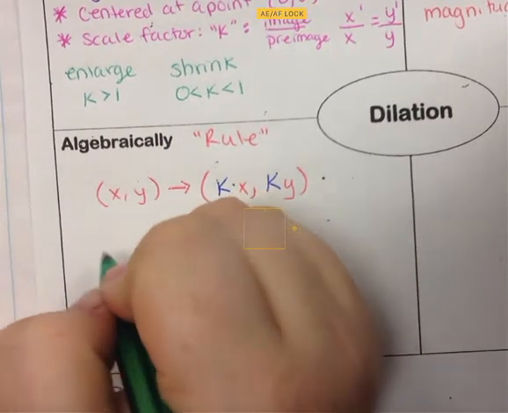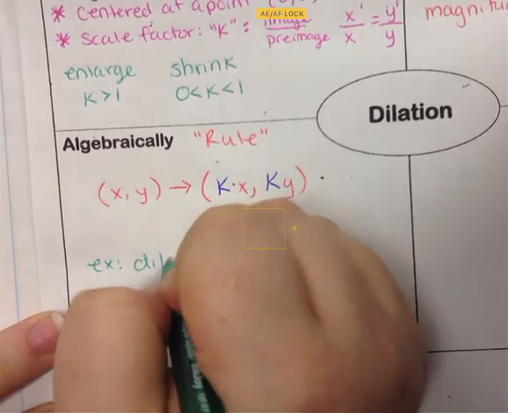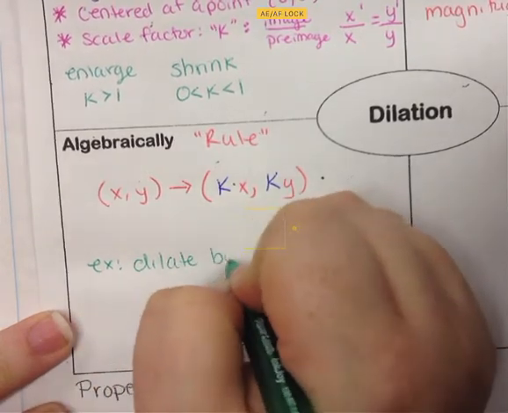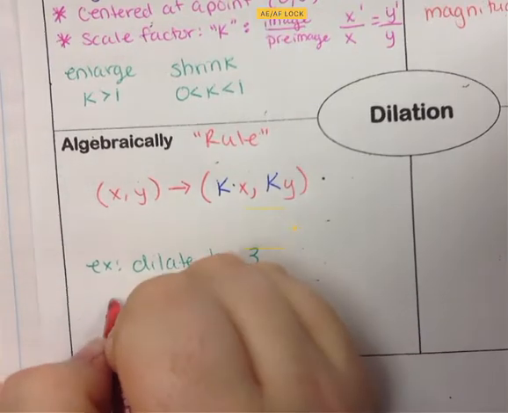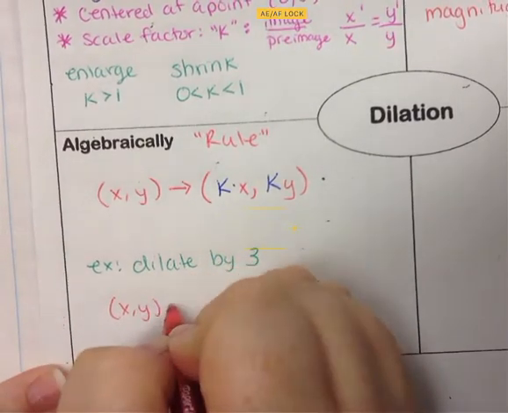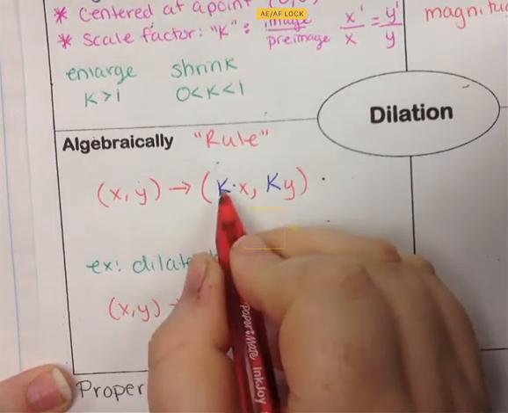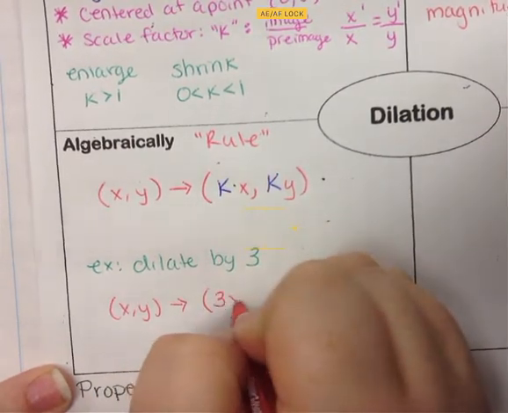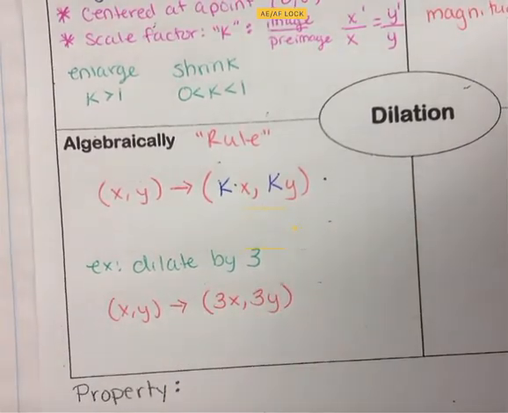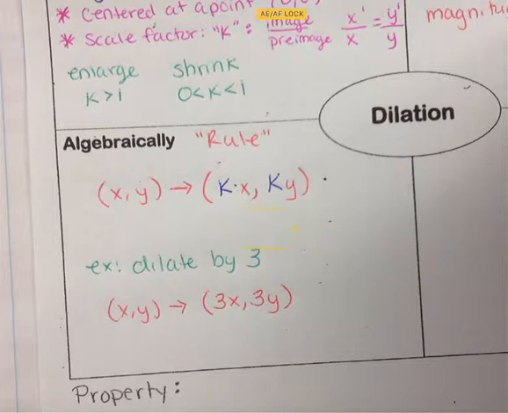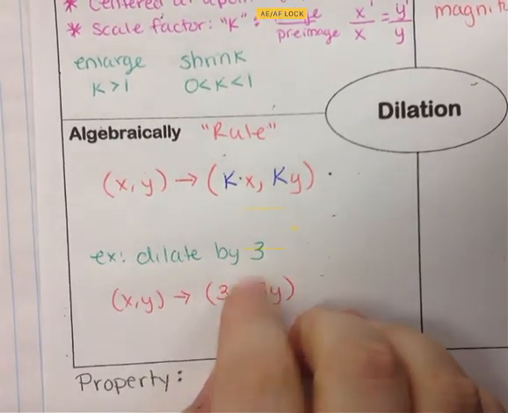So, for example, if the question says to dilate by 3, the rule here would be our pre-image xy maps to, dilate by 3 means multiply, so it would be 3x, 3 times x, comma, 3 times y. And then we would actually do that multiplication. So you don't just put the letter k, you actually put the number for the k.